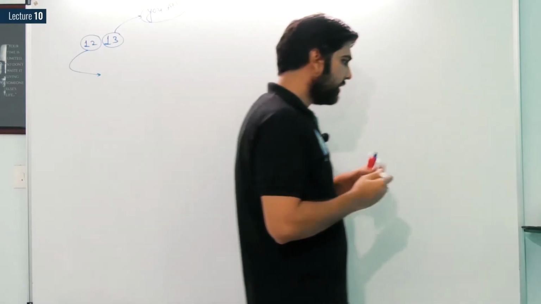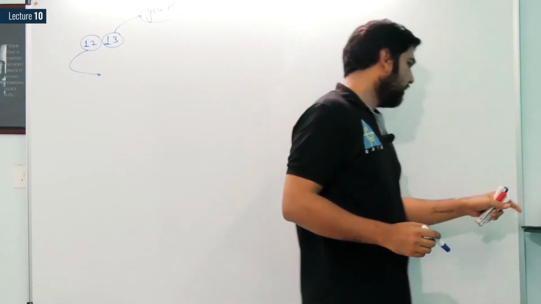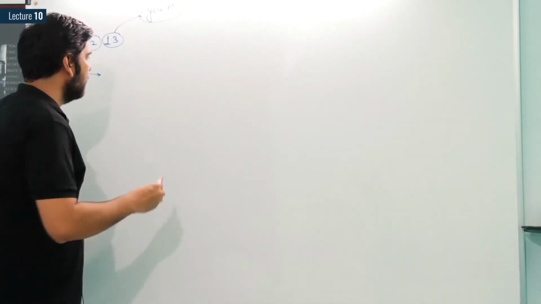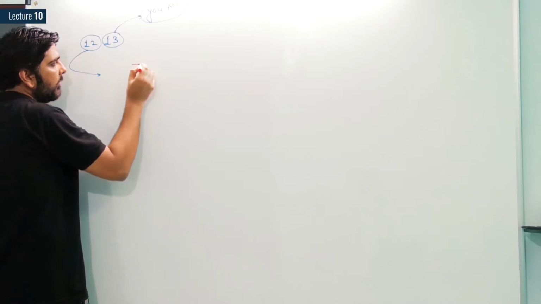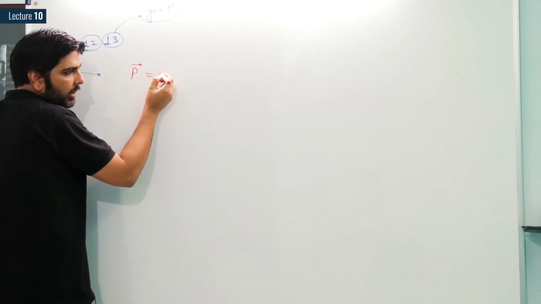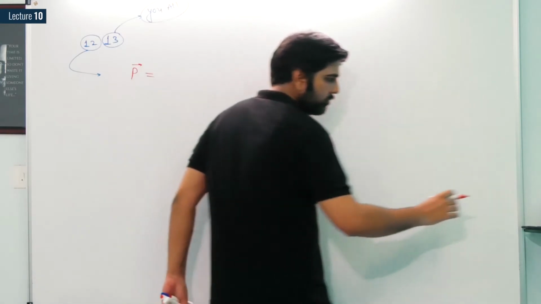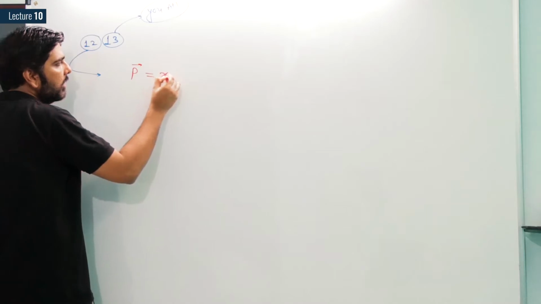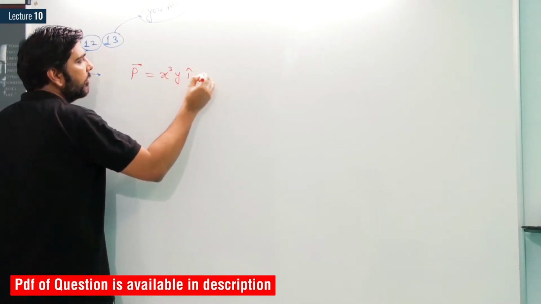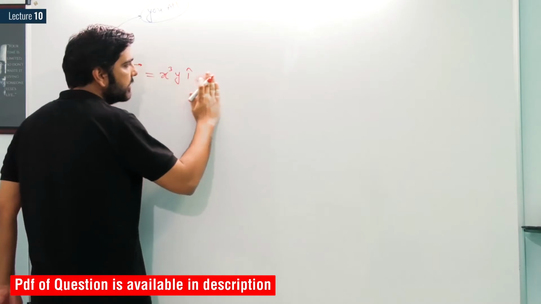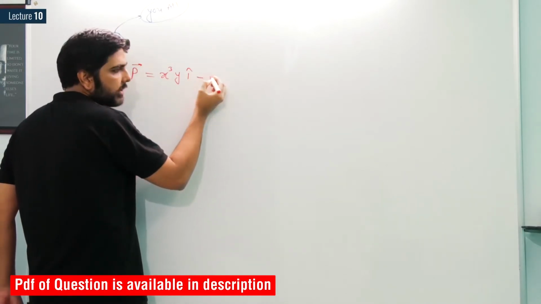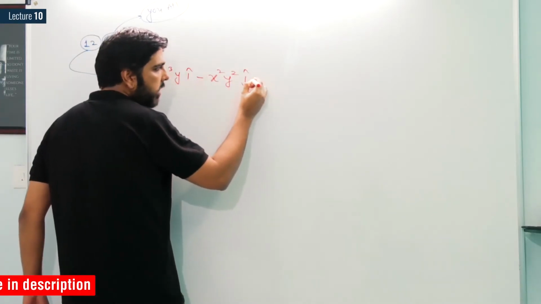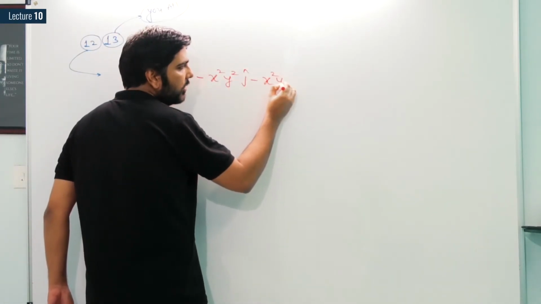I am having question number 12, dear students. A vector P is given. So vector P is equal to x raised to power 3 y i cap minus x square y square j cap minus x square y z k cap.